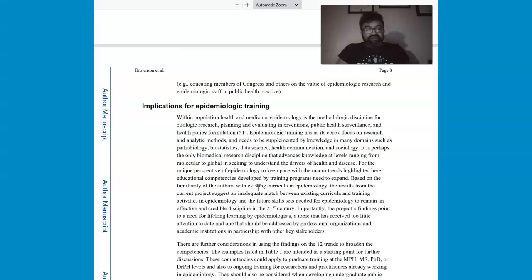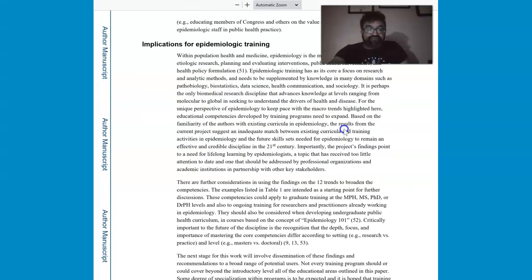There's pathobiology, health communication, sociology. And so epidemiologic training needs to be supplemented by knowledge from all of these disciplines. Epidemiologic training alone is not necessarily sufficient. It needs other types of multidisciplinary knowledge as well.